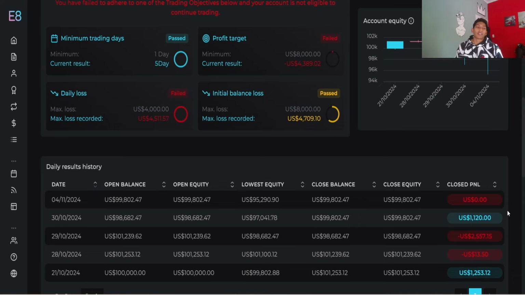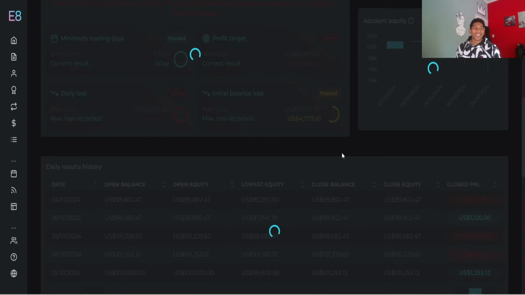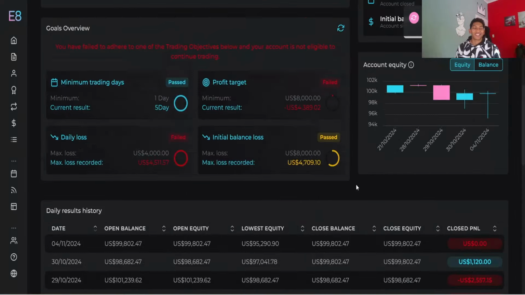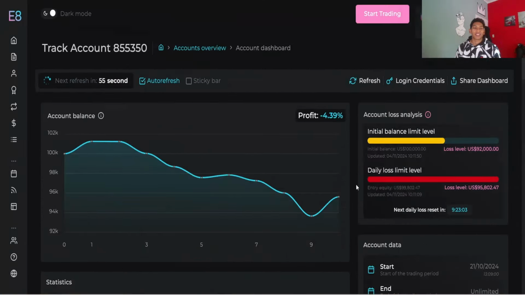Yesterday I was just trading like a degenerate on this evaluation, trying to get back to break even, I guess. But anyway, it is what it is, guys.